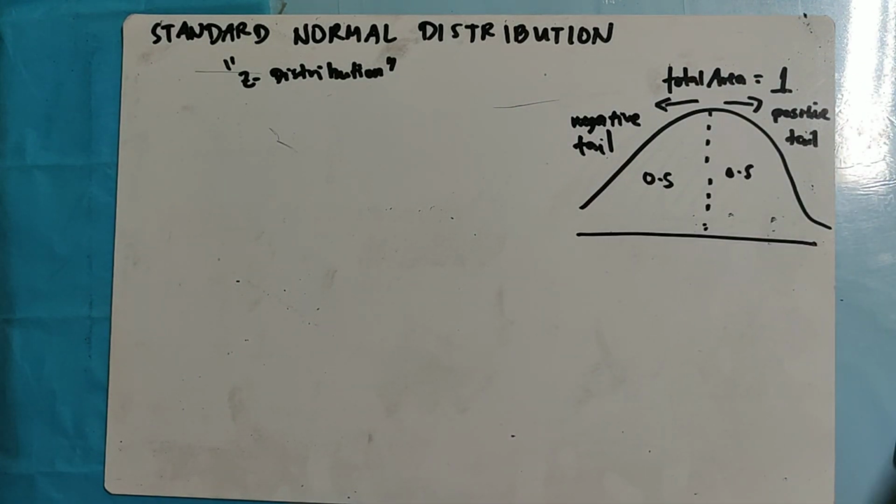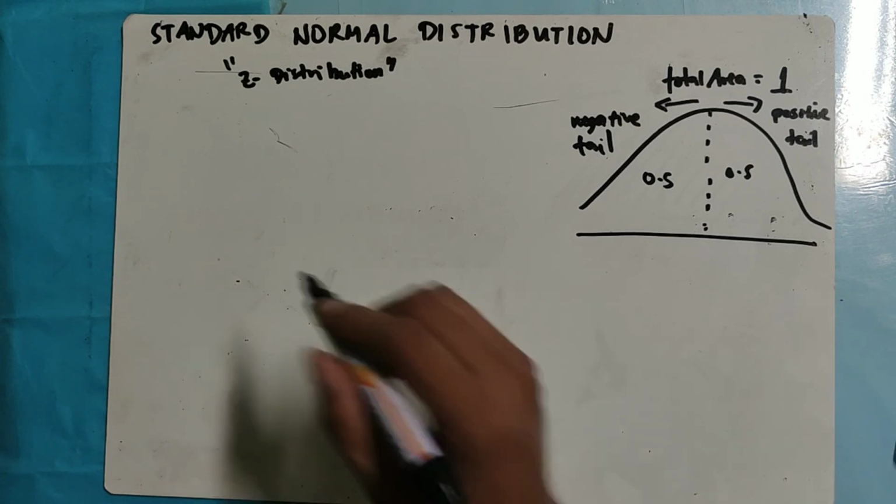And now, in calculating the area or the probability of a standard normal distribution, we have here the formula in getting the z-score.